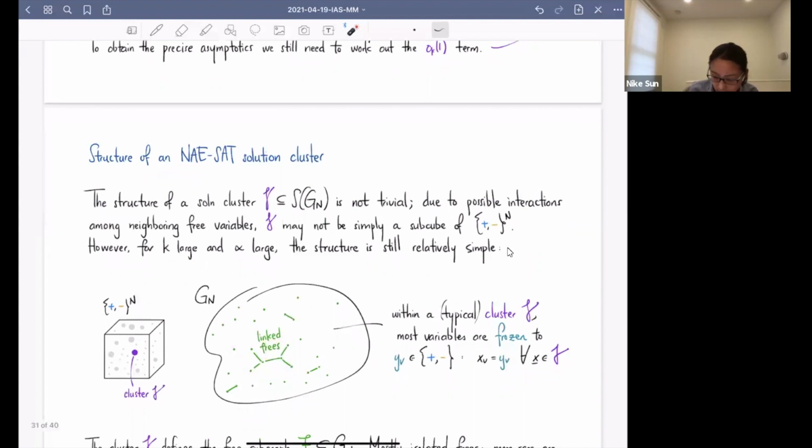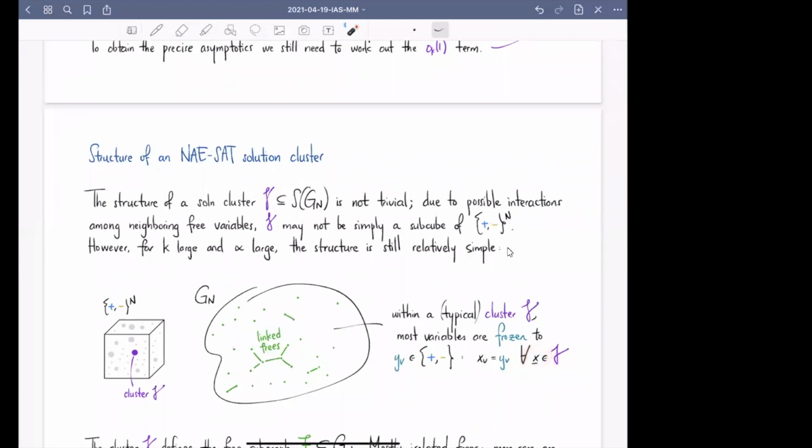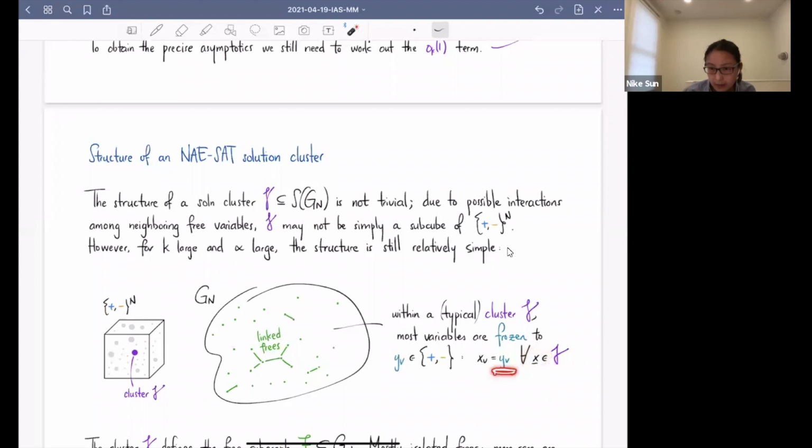However, most of the variables are actually frozen to some fixed value. So for most variables v in the graph, there's some fixed y sub v, which is either plus or minus, such that for every element within the cluster, it will just be forced to that value.